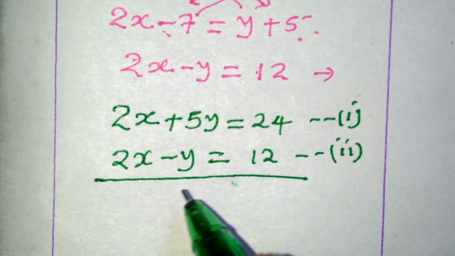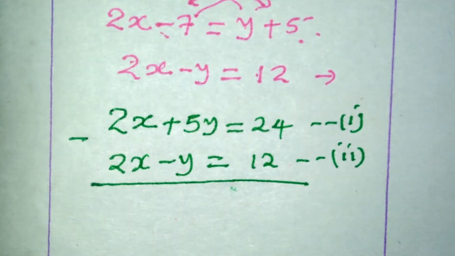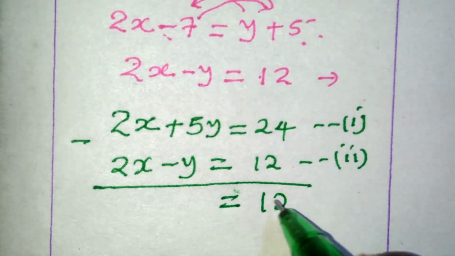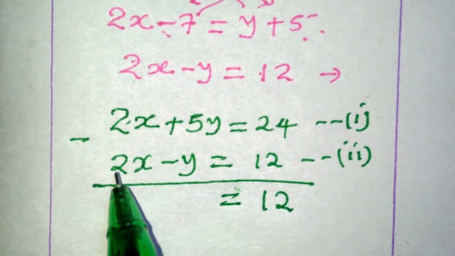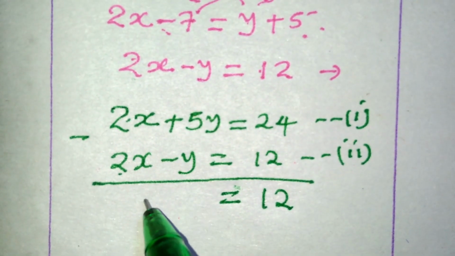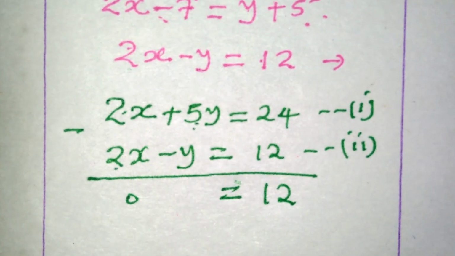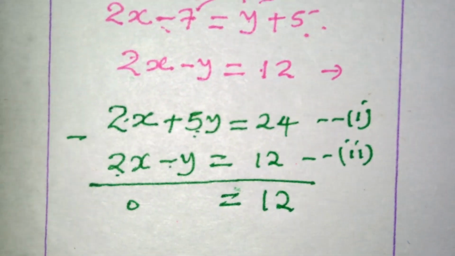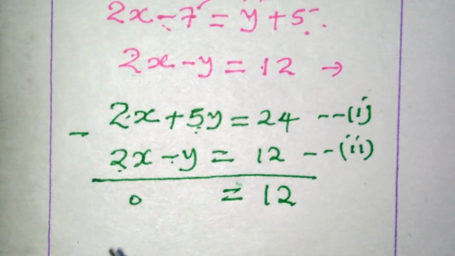Now, to do that, in this case we just subtract. So here we get 12, and this side we end up with 2x minus 2x gives us 0, and 5y minus y becomes 5y plus y.